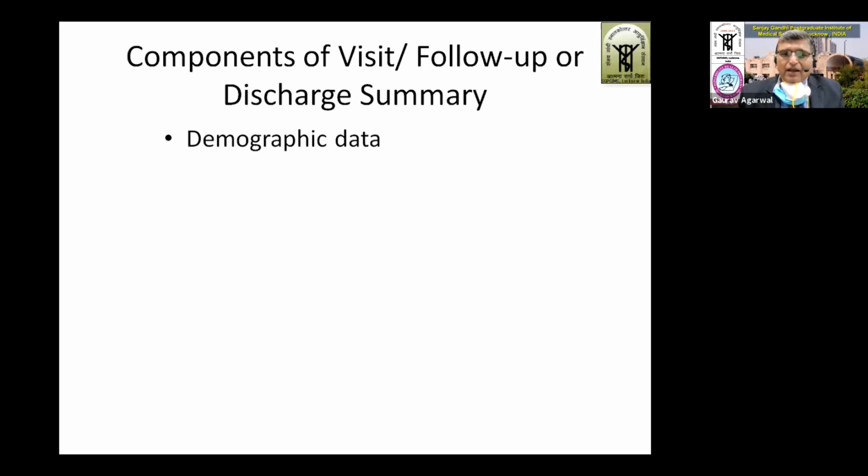And ideally, a unique identifier, which is, for example, the Aadhaar number or some sort of a social security number in certain countries, which can be used by anybody for ascertaining the identity of the patient whom we are talking about. It should also document the reason for visit or hospitalization.